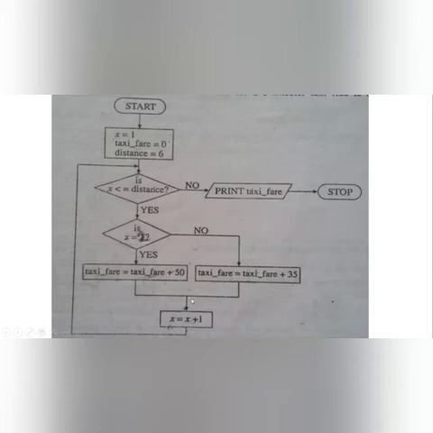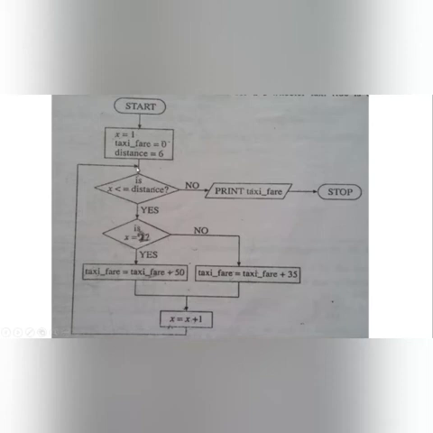The data flows, and then the new x is equal to the old x, which is 1, plus 1. So the new x becomes 2. And now the data flows again.